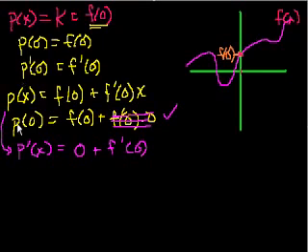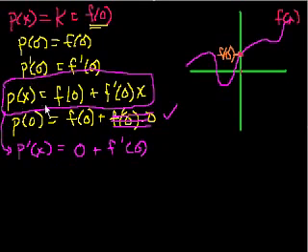So this checks out. My new polynomial that I've defined right here is equal to the function f at x is equal to 0, and its derivative is equal to the derivative of the function f at x is equal to 0. So what would it look like? Well, it would intersect at x is equal to 0, the two functions would overlap, and also they would have the same slope at that point. So whatever f of x is doing, that function is going to be doing.